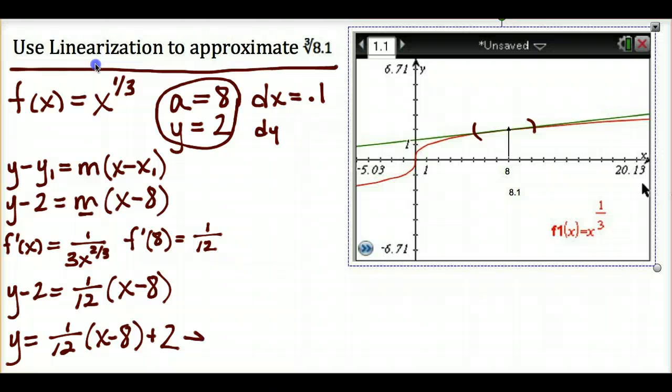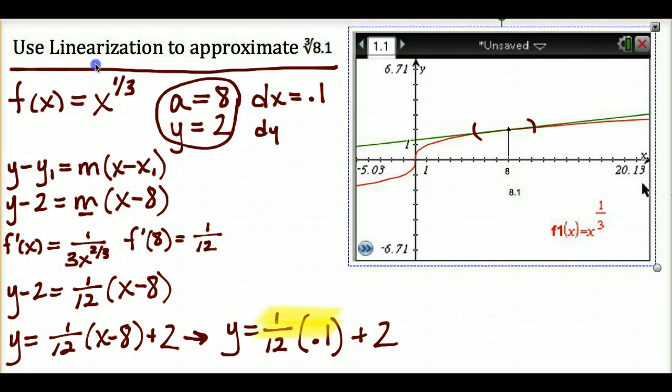So if I plug that in right now, I'm going to get y equals 1/12 times, if I put 8.1 in there, 8.1 minus 8, which is 0.1, plus 2. So this is where the differentials come in.